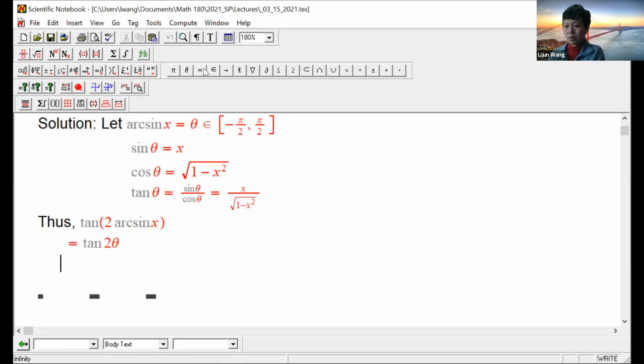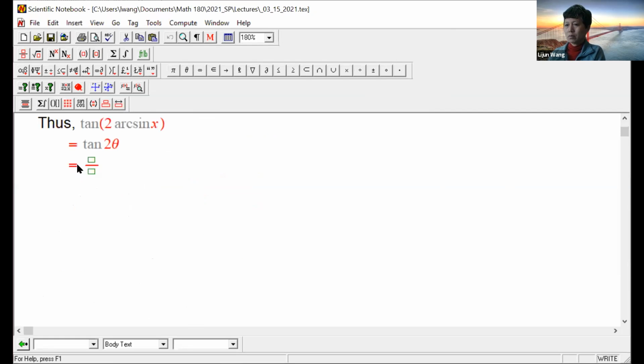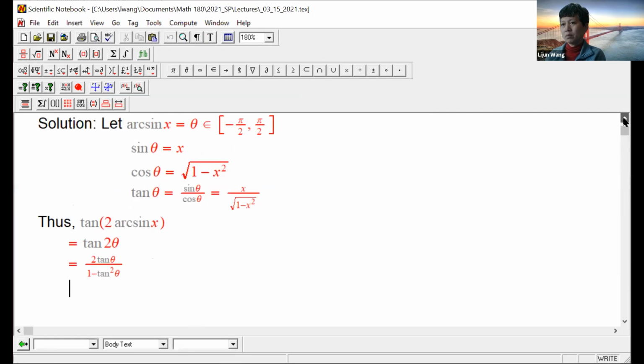And tangent 2 times theta is equal to that formula. I'm going to take that formula over here. Does everybody follow me?